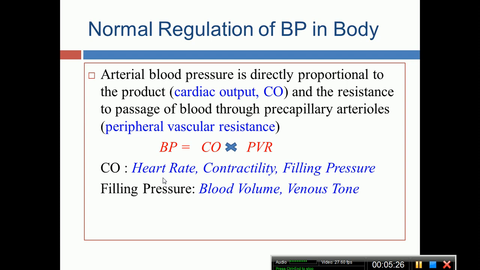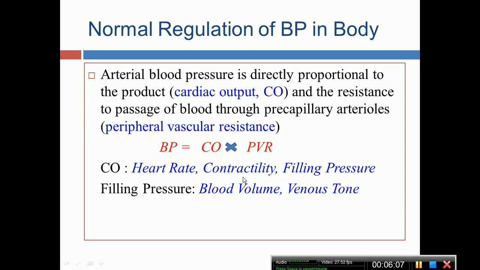If person A has a heart rate of 60, person B has a heart rate of 75, and both have 70 ml of blood ejected per beat, then 70 ml will be multiplied by 60 in person A and 75 in person B. So the cardiac output will be different in both. Ultimately if cardiac output rises, then it will raise the BP as well.